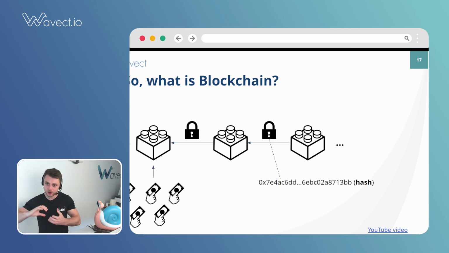And these transaction details are then combined, like compressed basically, into a block, which is that Lego block, for example. And a block is nothing else than a fancy word for, okay, that's the container, and this container contains, as the name suggests, all my transactions, right? All and other people's transactions.